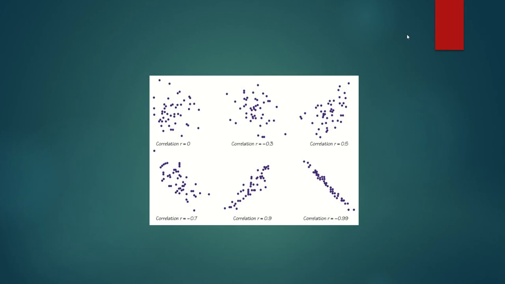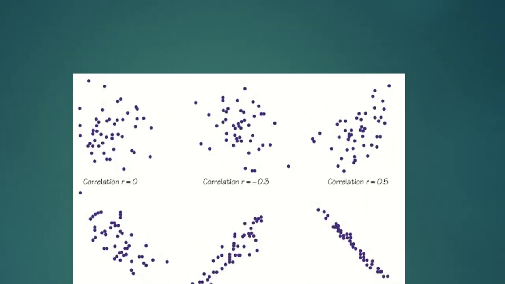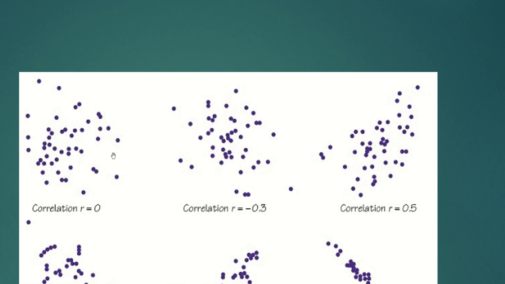Now, these are different measurements that you can find. In this measurement, you can see that there are many dots, but it's not possible to draw a line starting from left going to the right, or a line starting from right going to the left.